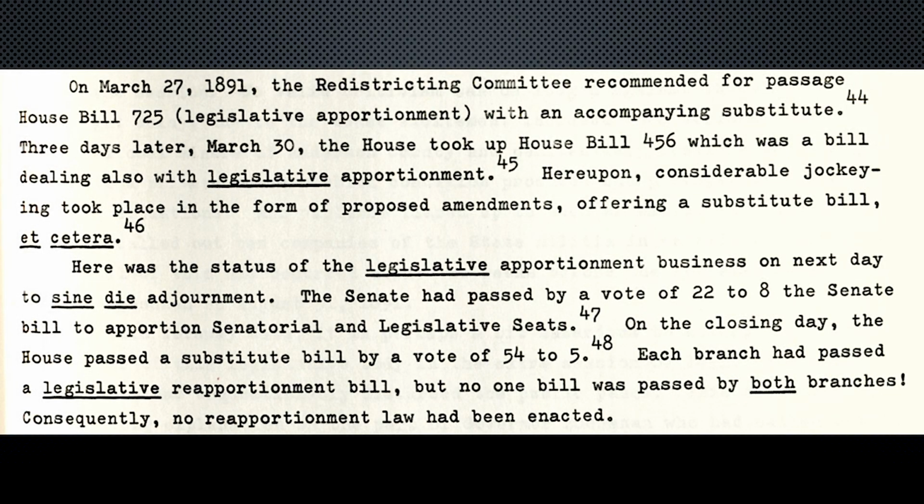The Senate had passed the Senate bill to apportion senatorial and legislative seats. On the closing day, the House passed a substitute bill. Each House had passed a legislative apportionment bill, but no one bill was passed by both houses. Consequently, no apportionment law had been enacted.